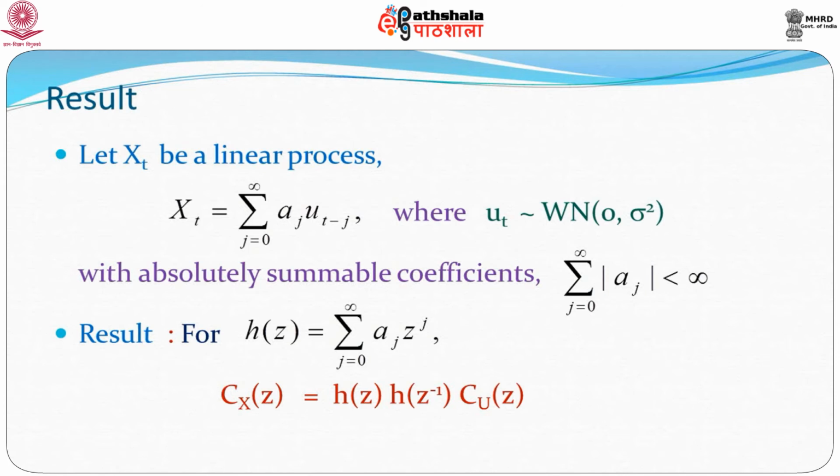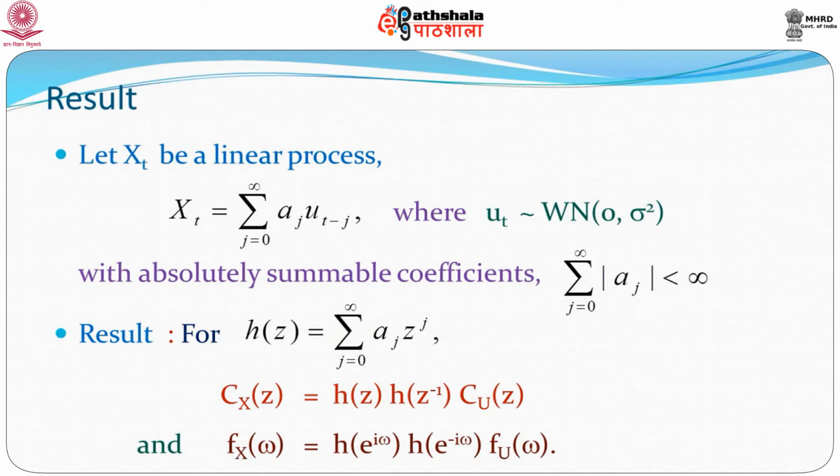So, we know the function h(z), and if we know the autocovariance function or covariance generating function of u, we can get the autocovariance generating function of x. But more importantly, we also have this result where the spectral density function of x can be obtained as h(e to the power of i omega) into h(e to the power of minus i omega) into f_u(omega).